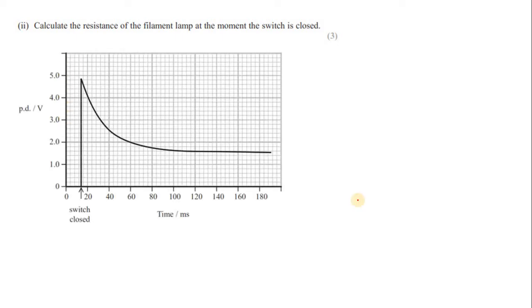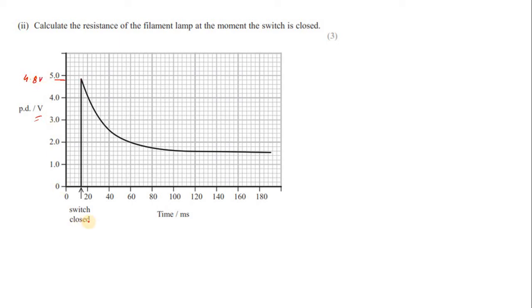Calculate the resistance of the filament lamp at the moment the switch is closed. Okay, so this is the graph that we need to use. First of all, we are going to find the amount of current in the circuit. So this is the voltage when the switch is closed, and if you read that number, this is 4.8.